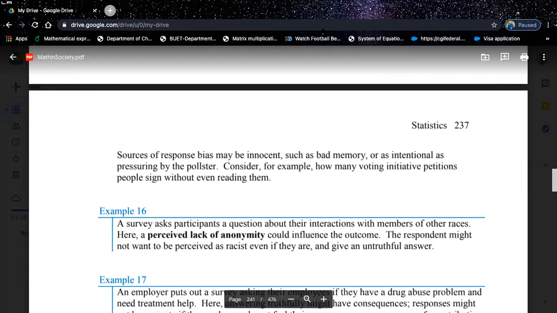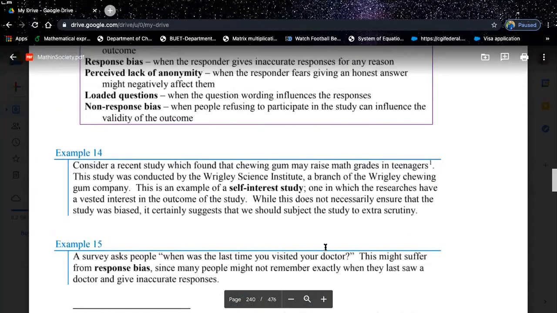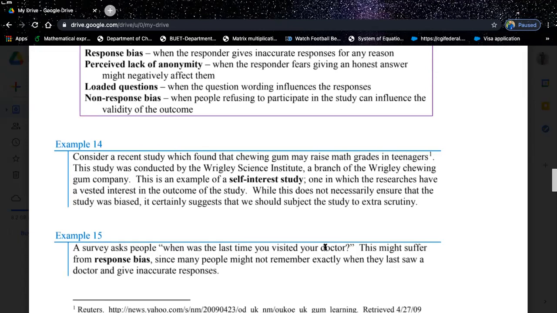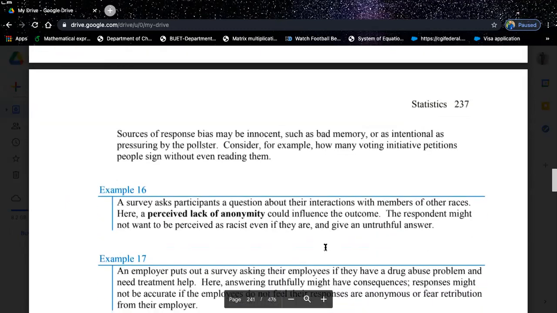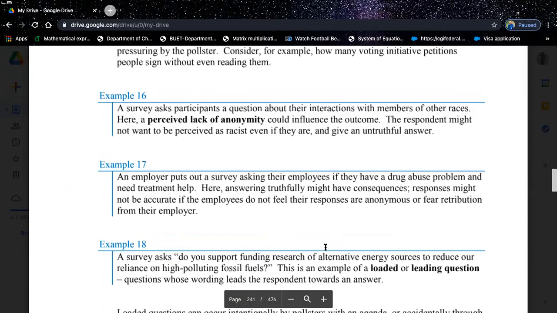All right, what's next? We have loaded questions. So there could be a biasness when the questions are influencing the responses. Now what does it mean? Let's see the example first, and then we'll rediscuss it.